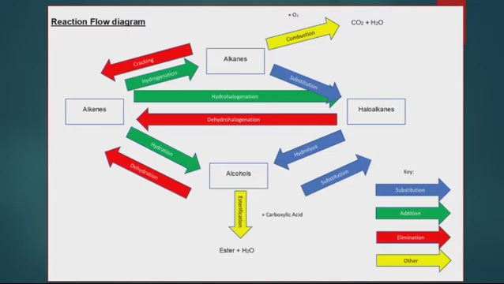The green will be the addition reaction, and the red will be the elimination reaction. Right? And then we have our three substitution reactions. Now, the only specific name you have to remember for substitution is when you go from a haloalkane to an alcohol, and that is the process of hydrolysis.